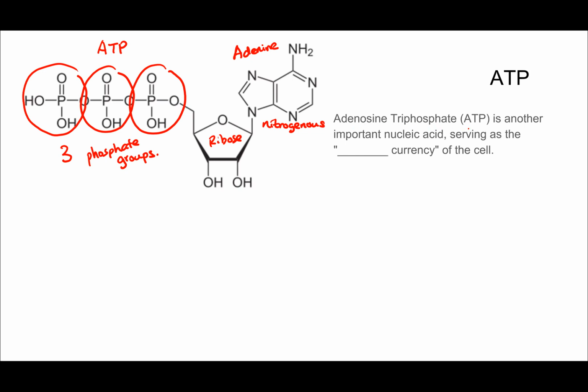Commonly known as ATP. This is a very important nucleic acid that we use because it serves as the energy currency of the cells. It means this is providing energy for a lot of the things that happen within the cell. And ATP is produced during cellular respiration, which is the process of extracting energy from food.